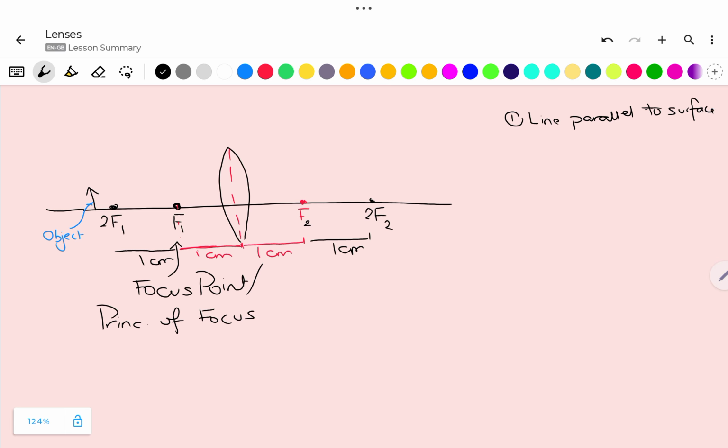So a line from the top of the object, always start from the top, parallel to the surface, until we reach the dashed line at the center of the lens.